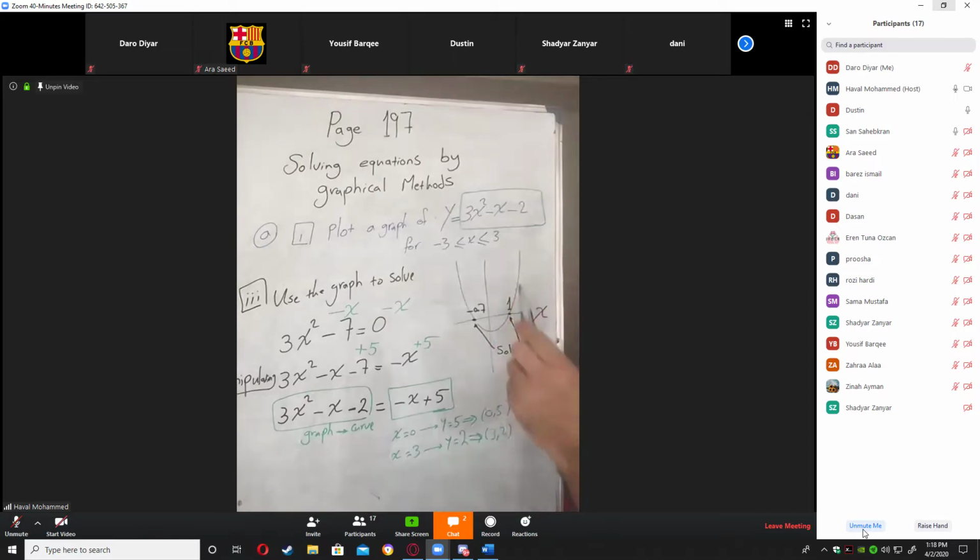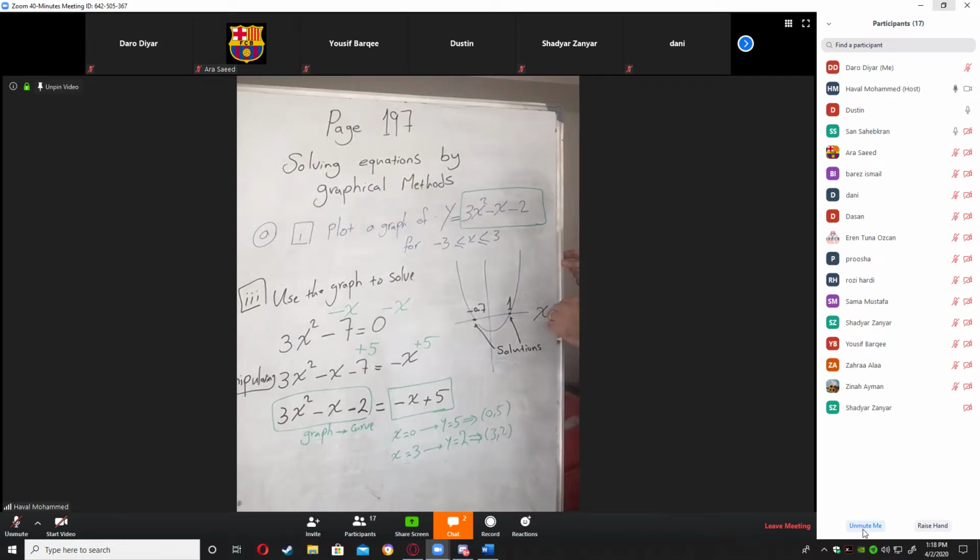Now, these two, you need to plot on here. 0, 5, then what we get is maybe somewhere around here. And the next one will be 3 and 2. 3 on here and 2 probably is that.